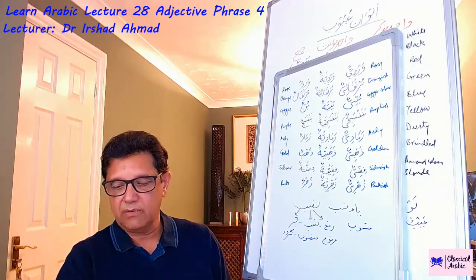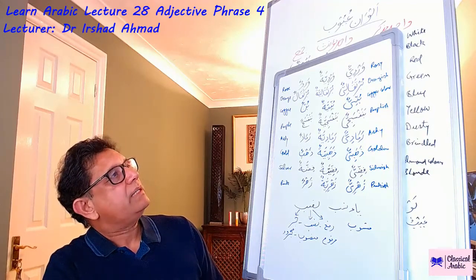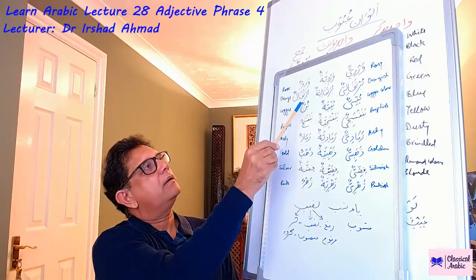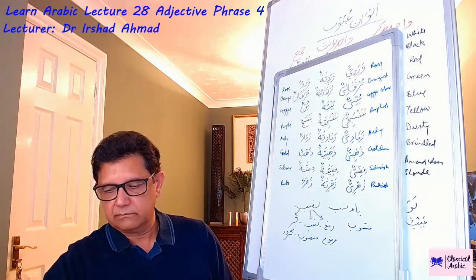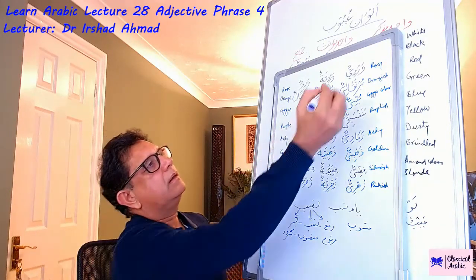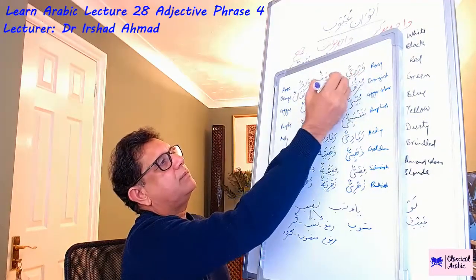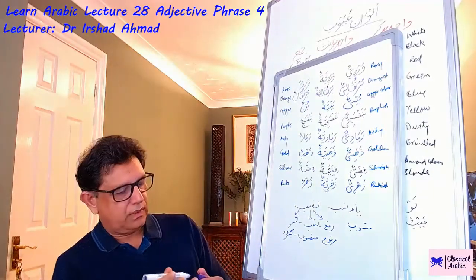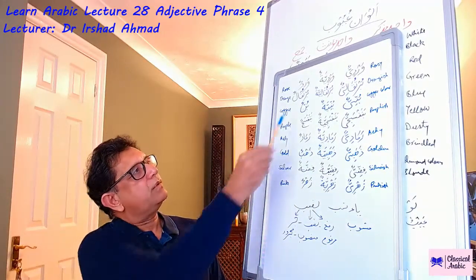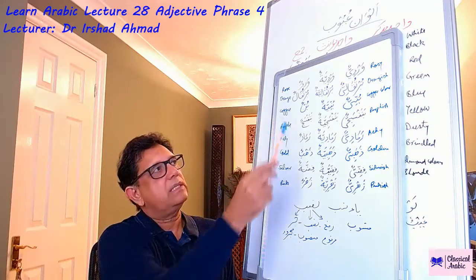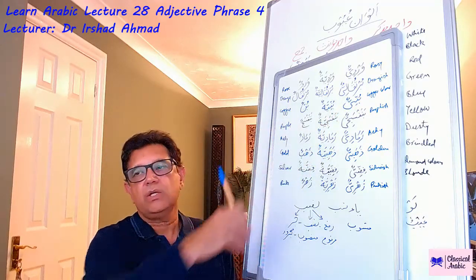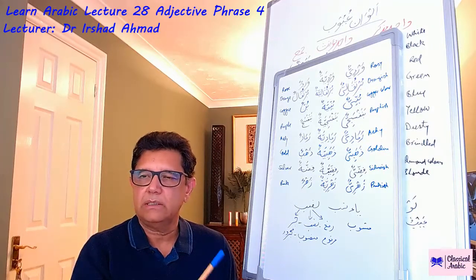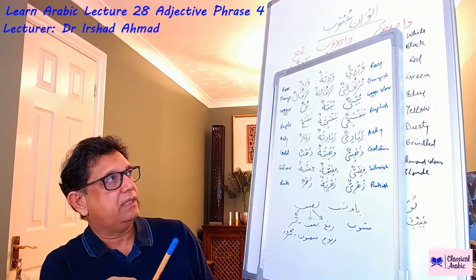Let me explain what I mean by that. For example, burtakal, it should be dhamma here, burtukal. So burtakalun or burtukal is orange, and when we say burtakaliyun, what we are saying in English is basically orangey or orangish kind of thing.